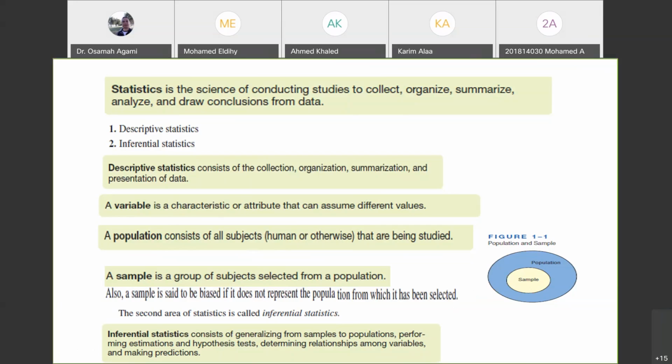But when you have a sample and tables and graphs for it, this is descriptive statistics. When you test this collection to give a result about the population, you call it inferential statistics. So there is no inferential statistics without descriptive statistics, right?